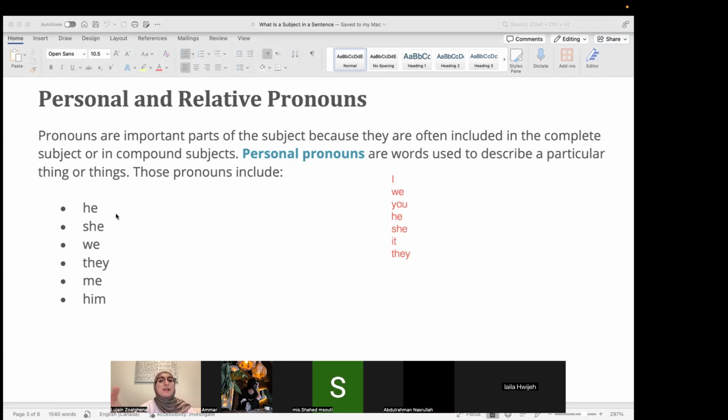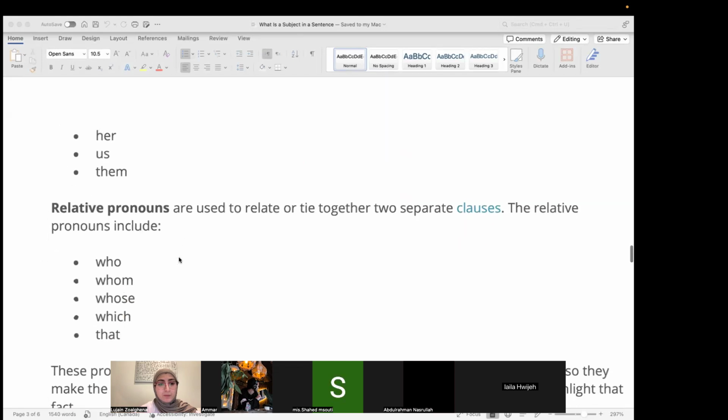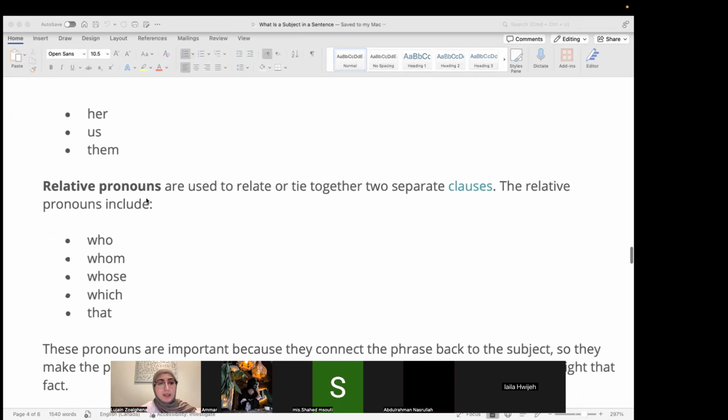But the personal pronouns are he, she, we, they, me, and him. They're often used in simple subjects and in compound subjects. So let's move on. And we have her, us, and them. Relative pronouns. What is the meaning of relative?